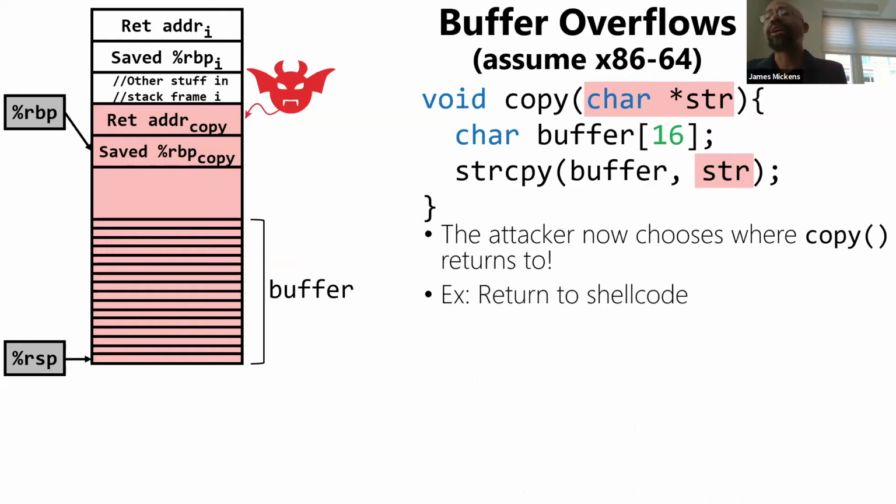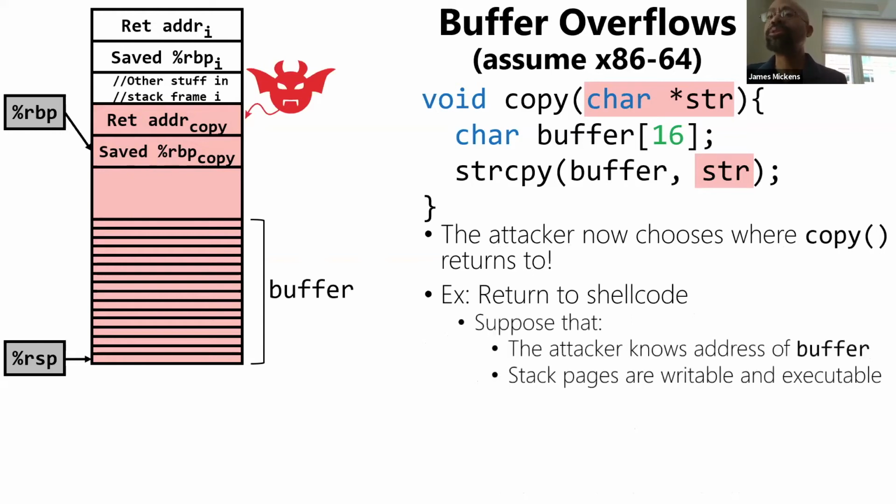So what might the attacker want to do? One thing the attacker might want to do is launch an attack called return to shellcode. Suppose that the attacker knows the address of buffer in memory, in other words, the starting location on the stack for the buffer local variable. Let's also suppose that stack pages are writable and executable.